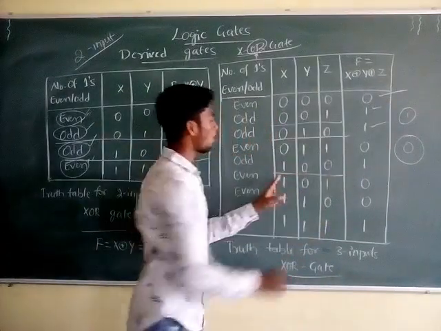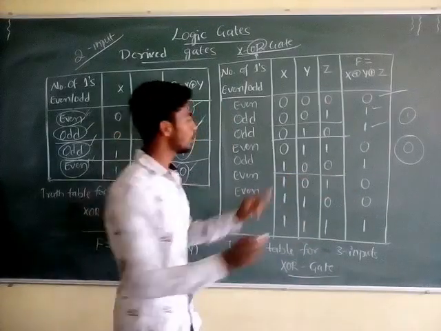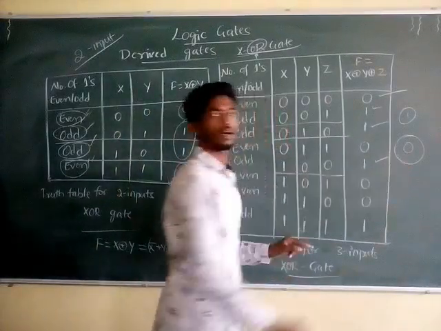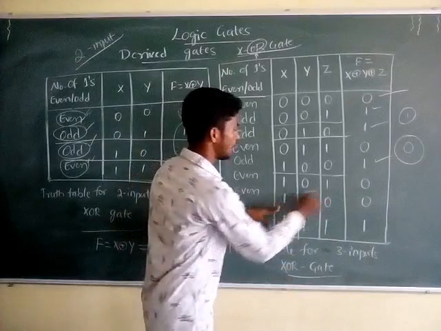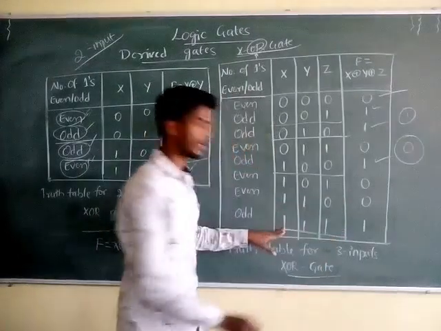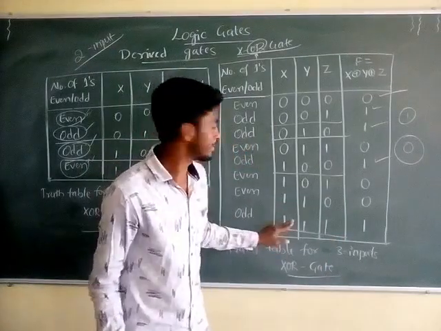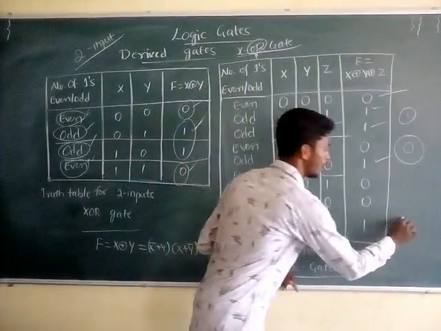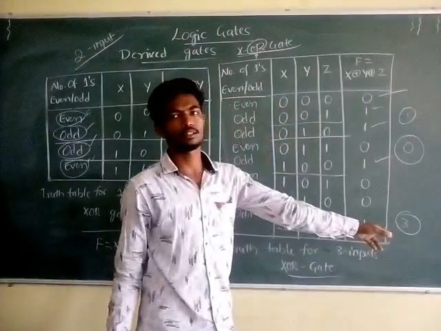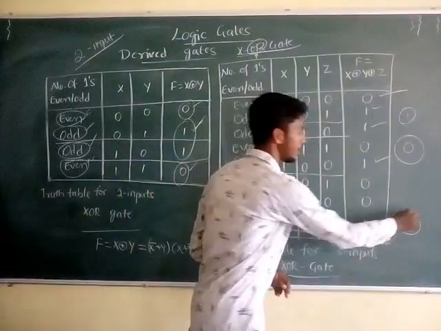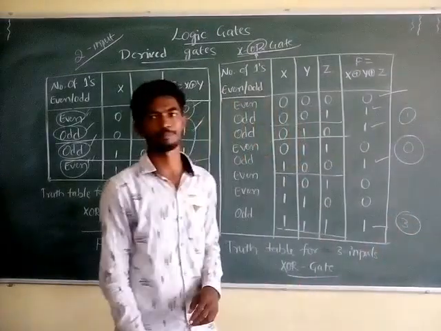In this also one exists once, so the output will be high. Here you can look at the last one. The number of ones in this input is 3, which is an odd number, so the output is high as well.